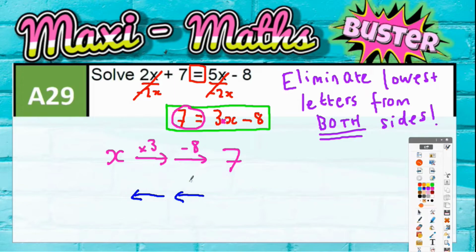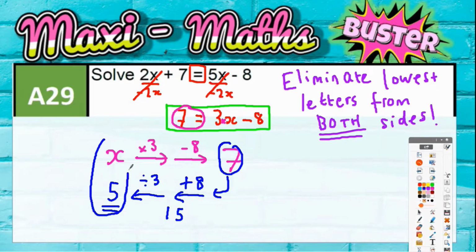So the reverse of take away 8 would be add 8, the reverse of times 3 would be divide by 3, and so you're going to start with a 7 and you're going to reverse backwards. So 7 add 8 is 15, and 15 divided by 3 is 5. And your answer, in other words, the value of the mystery letter x, is appearing underneath x then. So we're basically saying that x is worth 5. So in your answer box, you should write x equals 5.